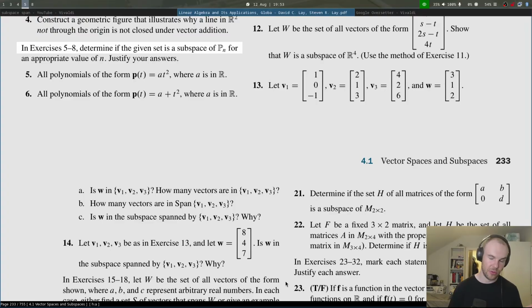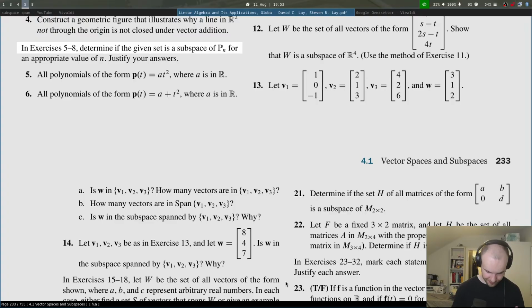Justify your answer. Okay? So P_n. We want to check if it's a subspace. We already know that P_n is a vector space. I want to check if the one we have here is a subspace.